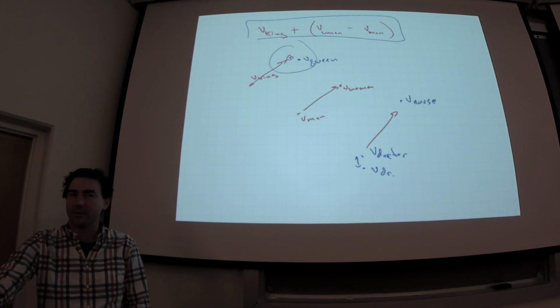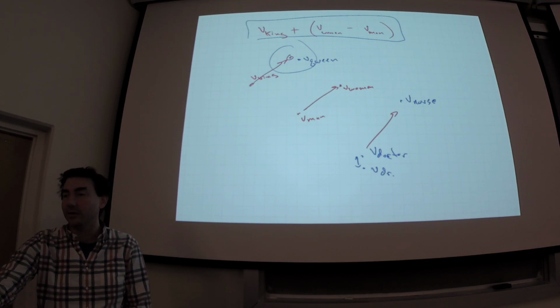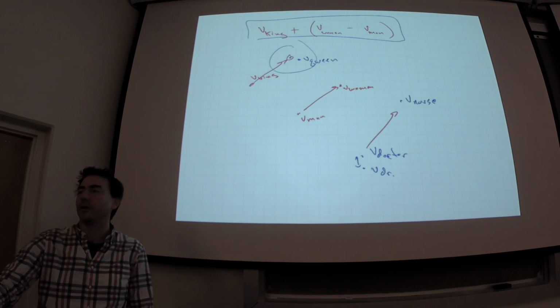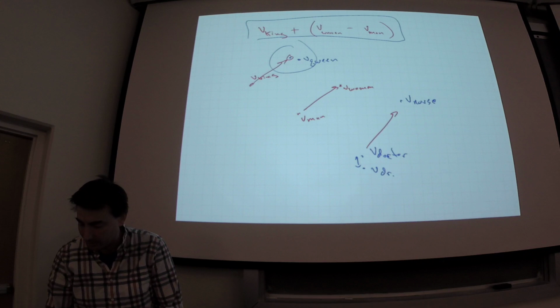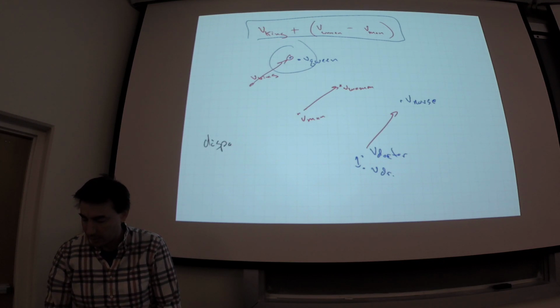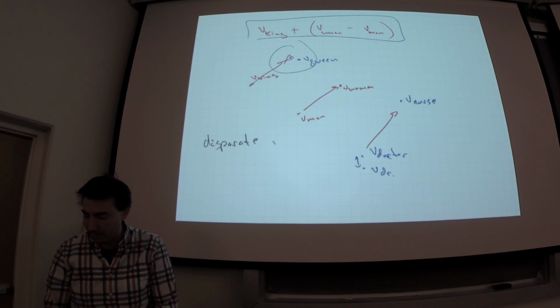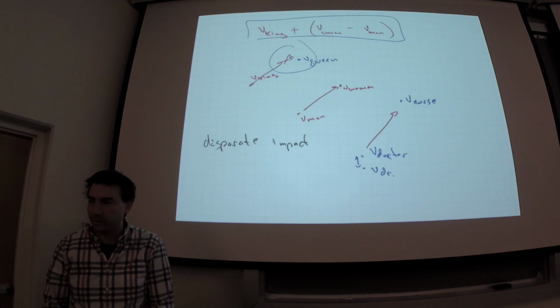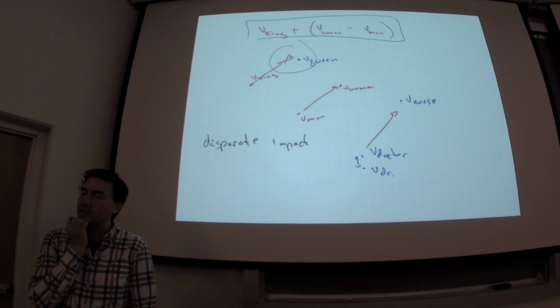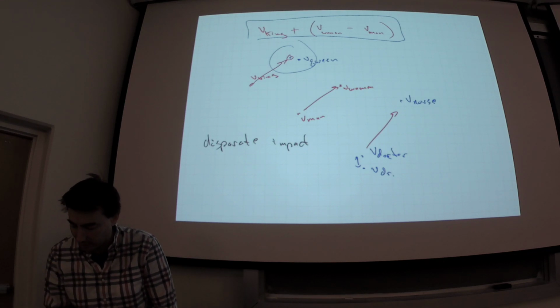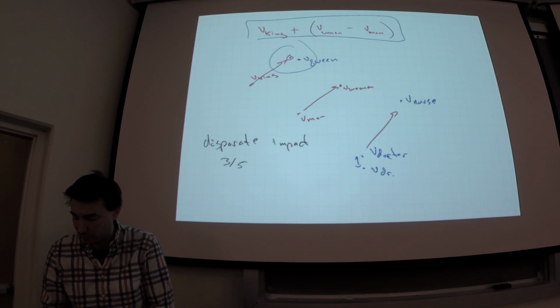There are some technical definitions, some legal definitions of what is allowed and not allowed. There's this concept called disparate impact. This is encoded into law, and I think it's known as the 3/5 rule.